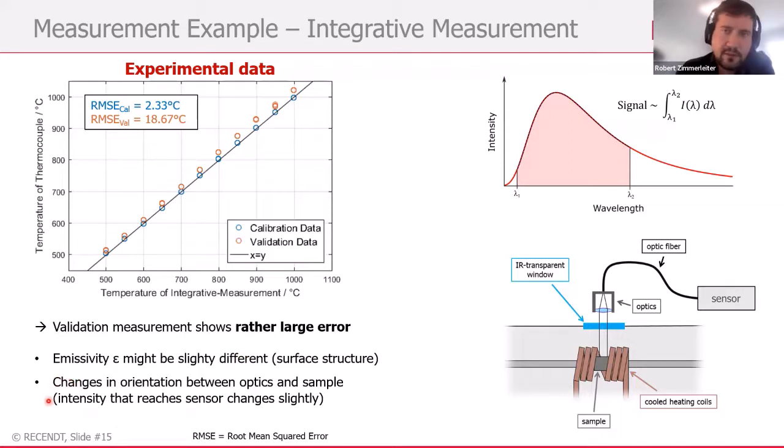And also, since the sensor was detached and reattached to the dilatometer, changes in the orientation between the optics and sample might change the absolute intensity a little bit, and absolute intensity changes for this kind of measurement directly influence the measurement value and therefore give you a much larger error than you would expect.